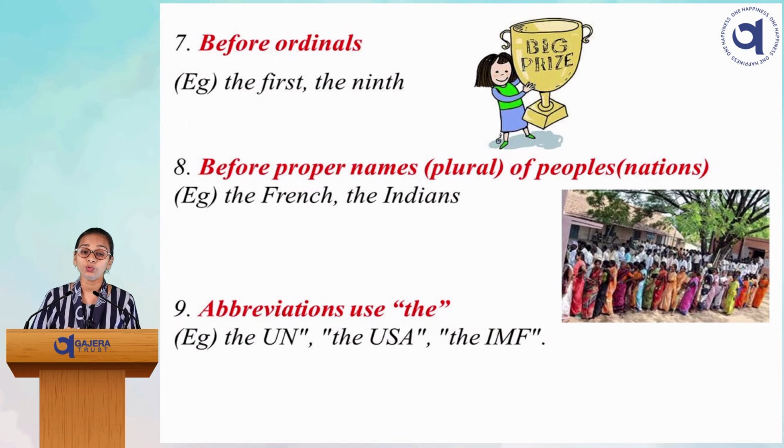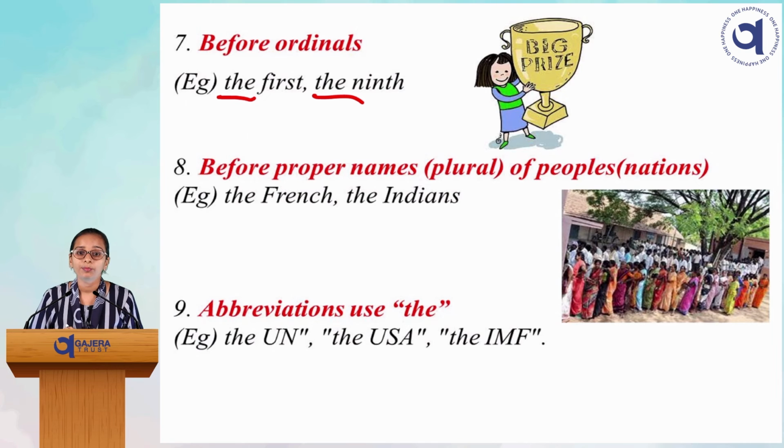Number 7, we use The before ordinals. In maths, you have learned what ordinal numbers and cardinal numbers are, right? So before ordinals also we use The. For example, the first, the ninth, the 10th.